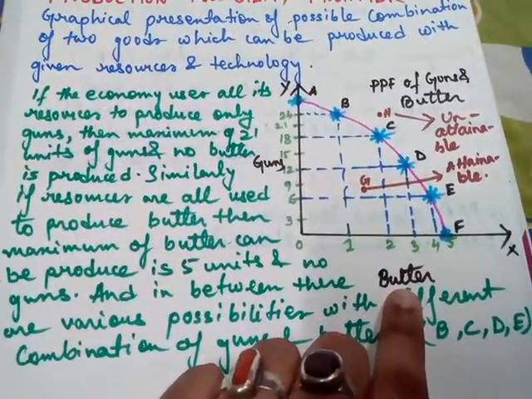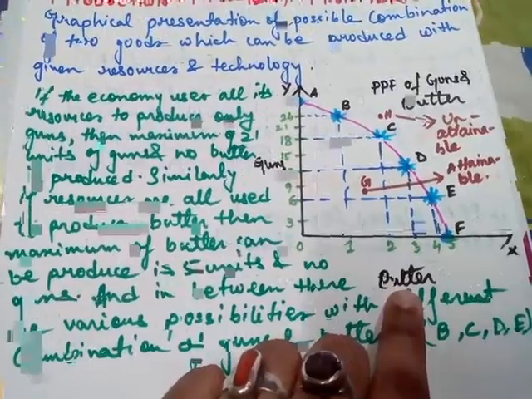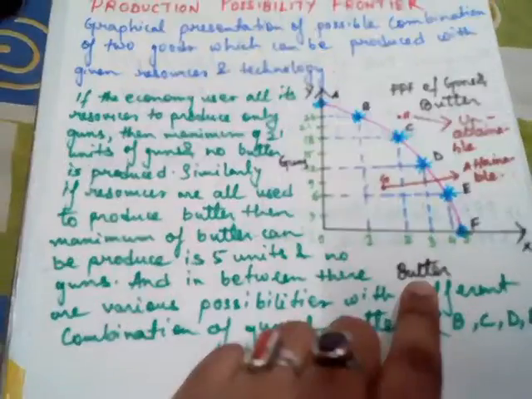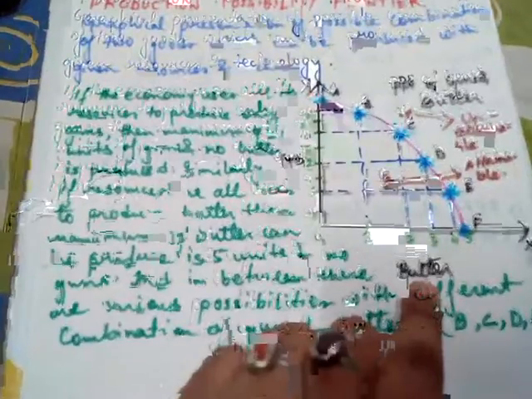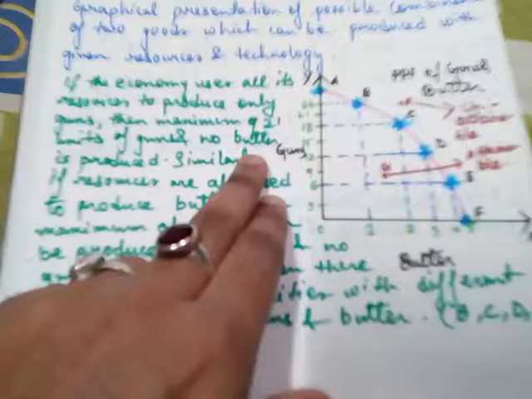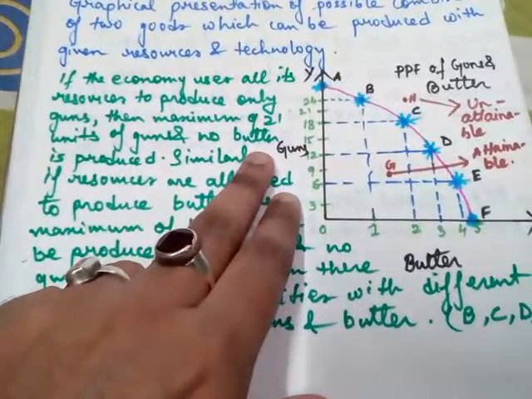And now here it is written, if the economy uses all its resources to produce only gun, then a maximum of 21 units of guns and no butter is produced.